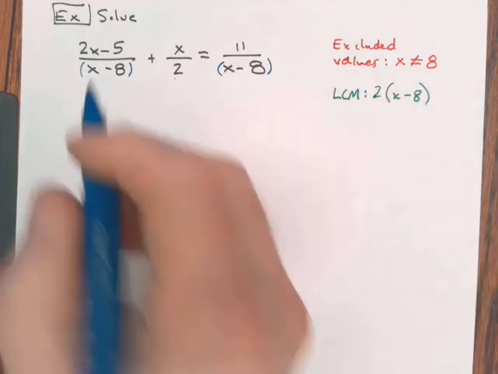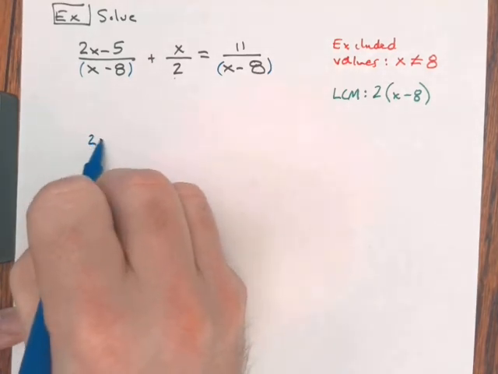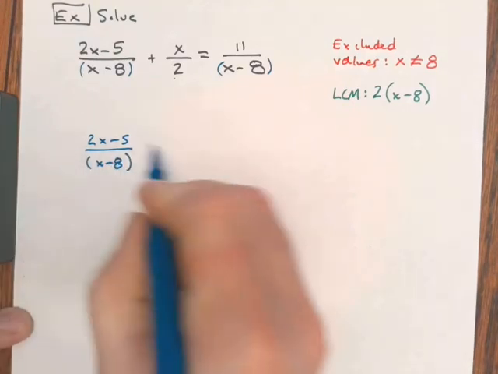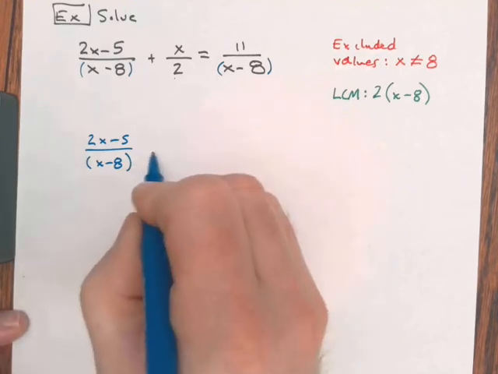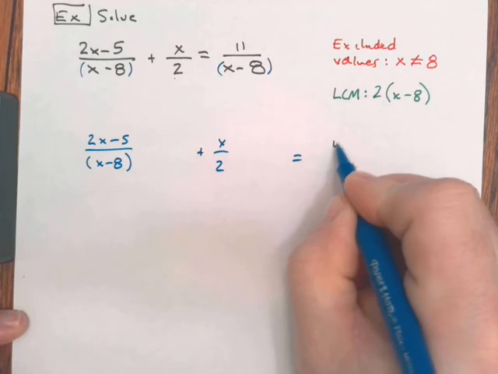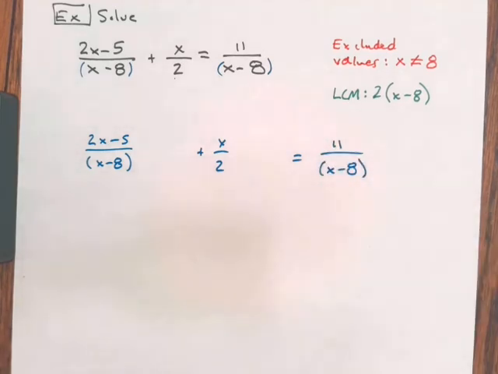I'm going to rewrite what we have here in the previous step. And I'm going to leave some space after each one of these. And then I'm going to multiply by our least common multiple.